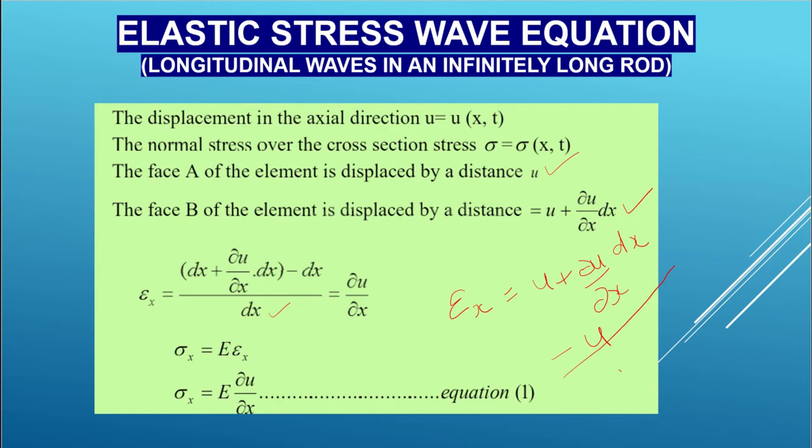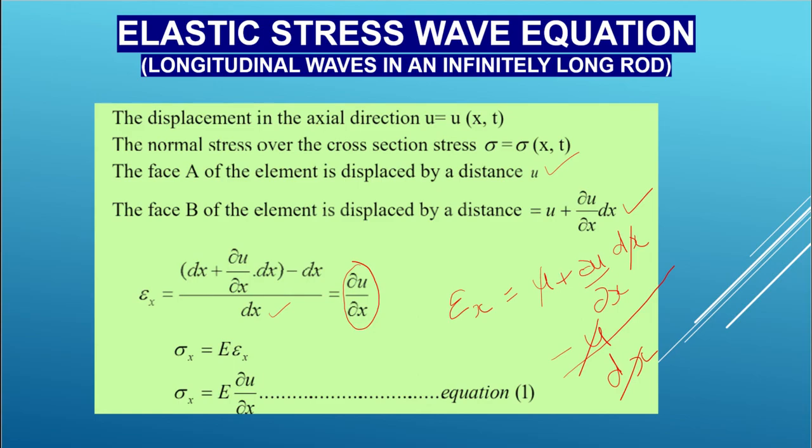So u and u get cancelled out, and dx and dx get cancelled out. Finally we end up with dou u by dou x. So epsilon x equals dou u by dou x.